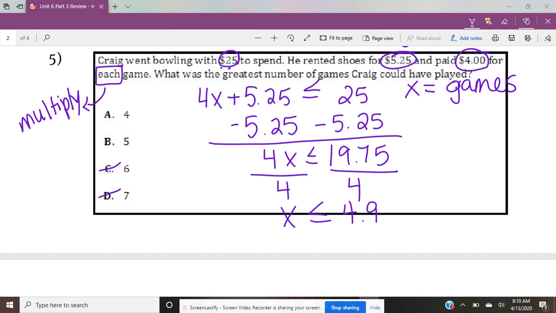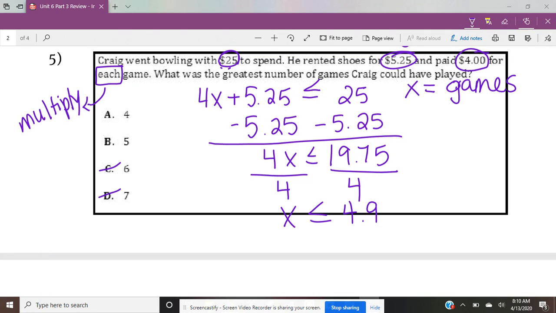So one thing that we need to remember, the number 4.9 obviously rounds to 5, but my solution, and read it to yourself, x must be less than or equal to 4.9. So Craig has money enough to buy four games and then 0.9 of a game, right? 9/10 of a game.